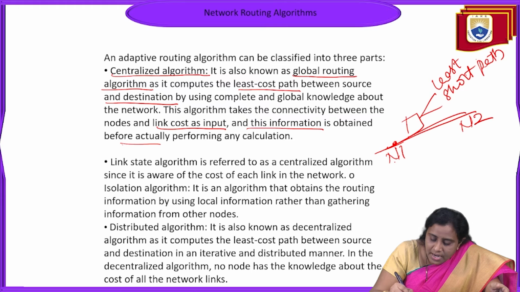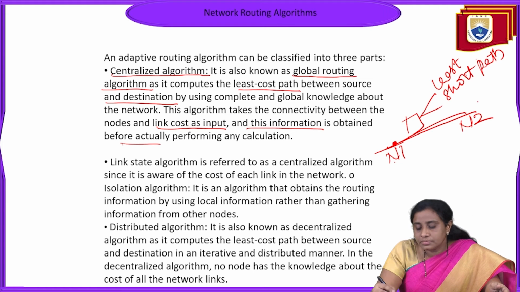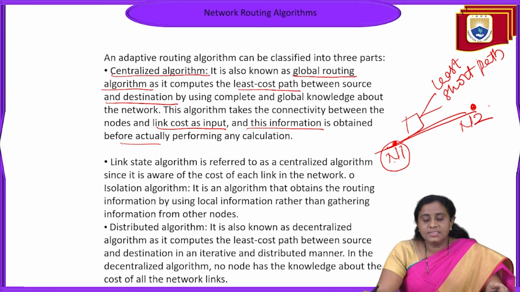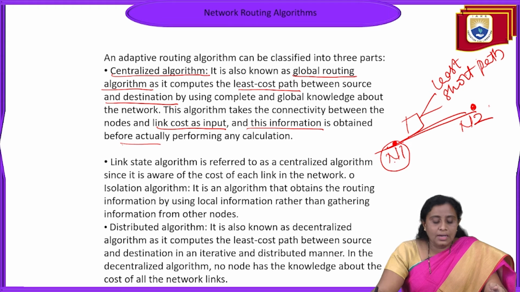Node 1 is connected at the starting point, whereas node 2 will be connected at the end of the route. At the end of the route we can call it a node 2 or a receiver, and at the starting of the route we can call it a source. And this is the information we can obtain before actually performing any calculation.